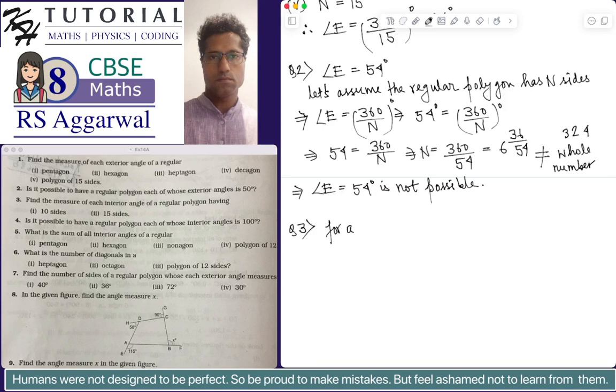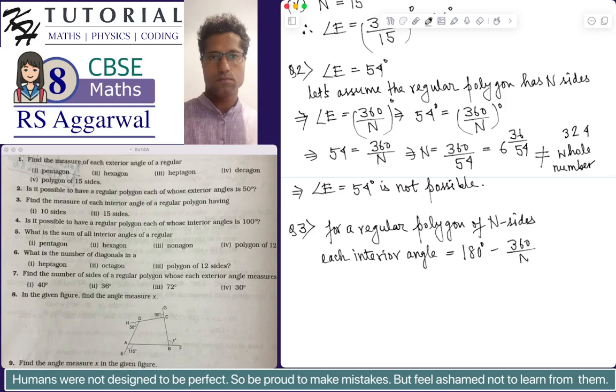So, for a regular polygon of n sides, each interior angle will be equal to 180 degrees minus each exterior angle, which is 360 by n degrees.